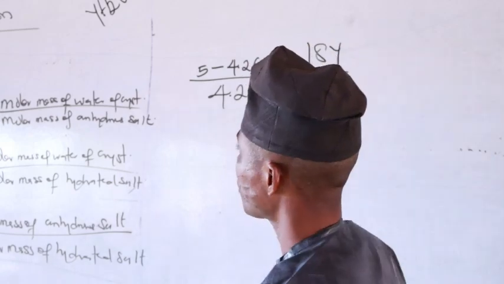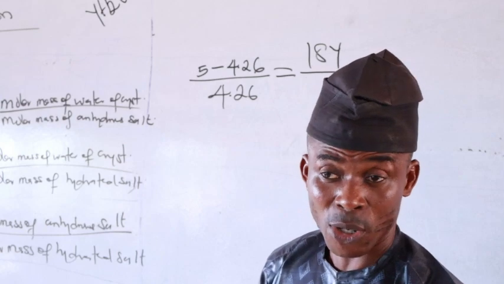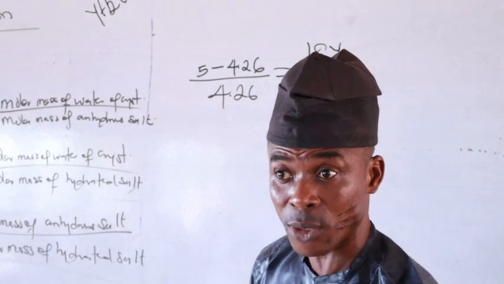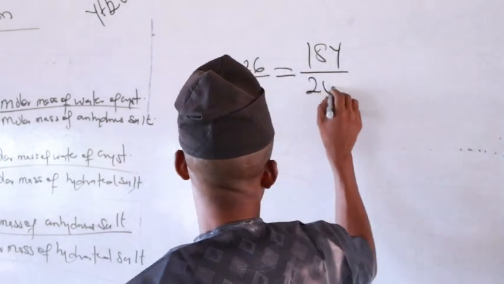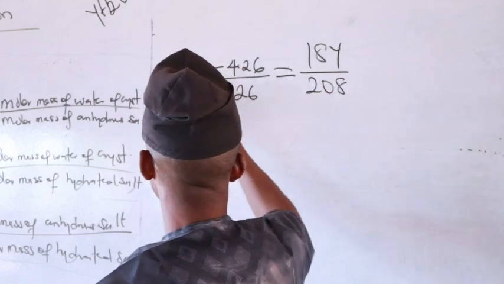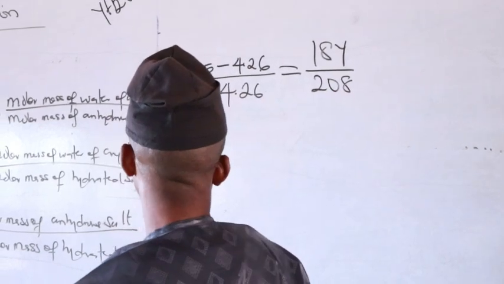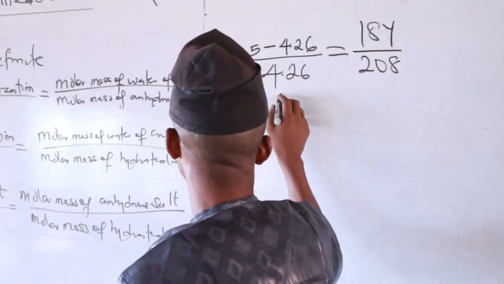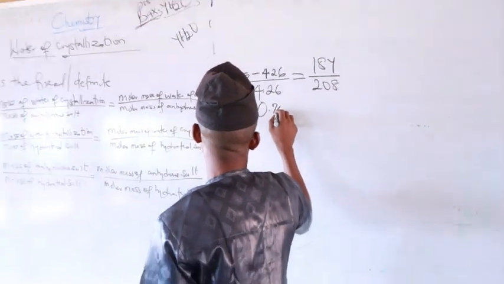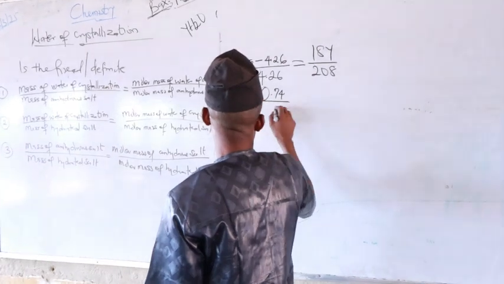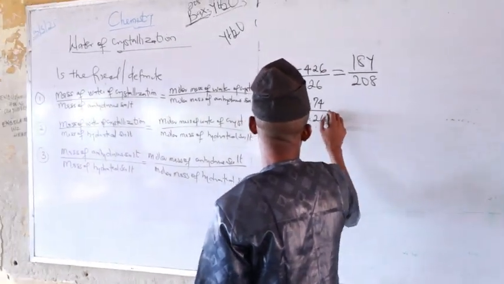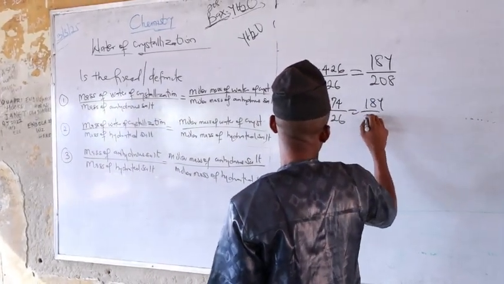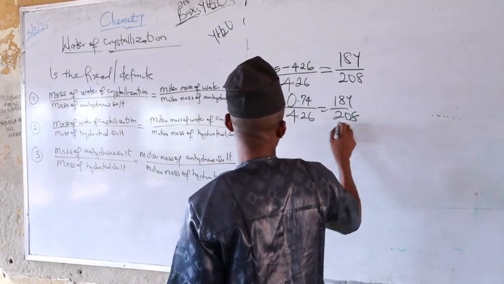Divided by the molar mass of anhydrous salt, which is given in the question to be 208. Then 5 minus 4.26 is 0.74. So 0.74 over 4.26 is equal to 18Y over 208.